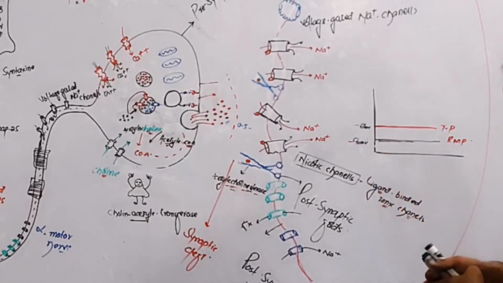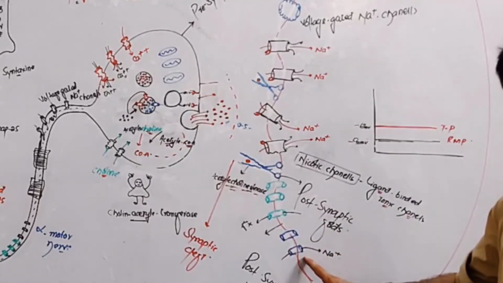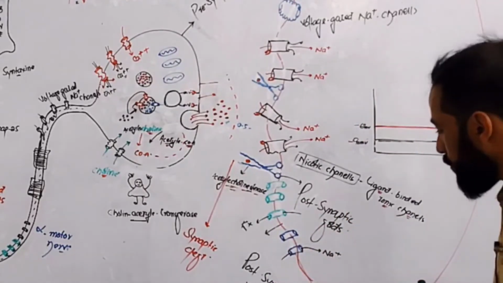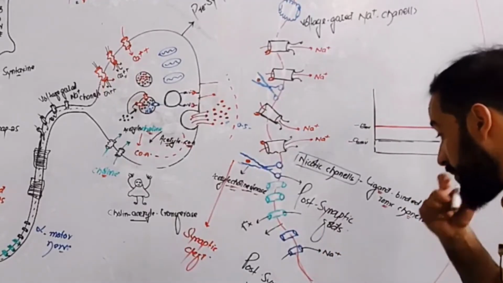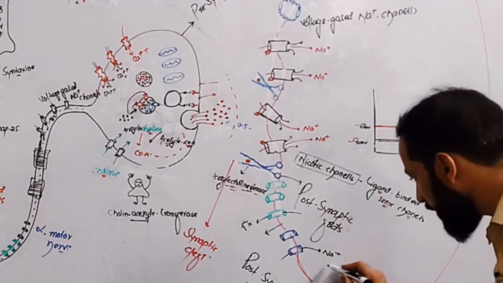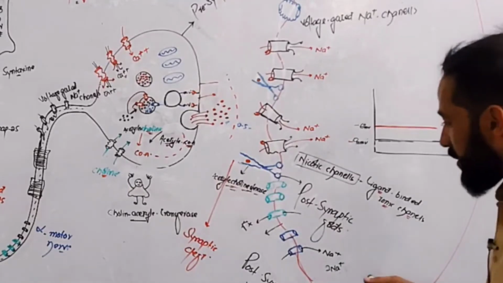Because, let me tell you, there are potassium channels, there are sodium channels. Now look carefully. When there is entry of 2 sodiums inside the cell, 3 potassium leave.